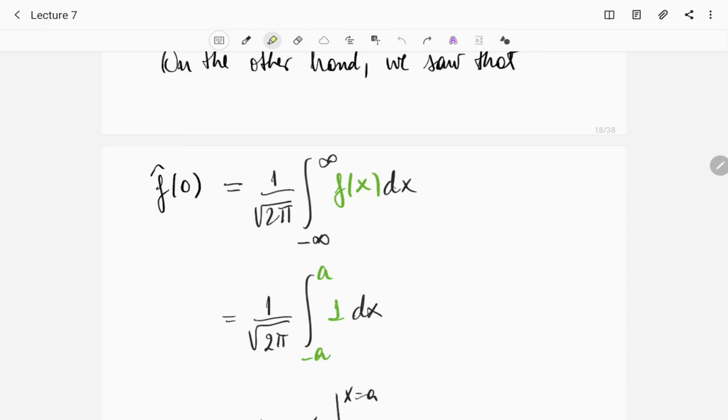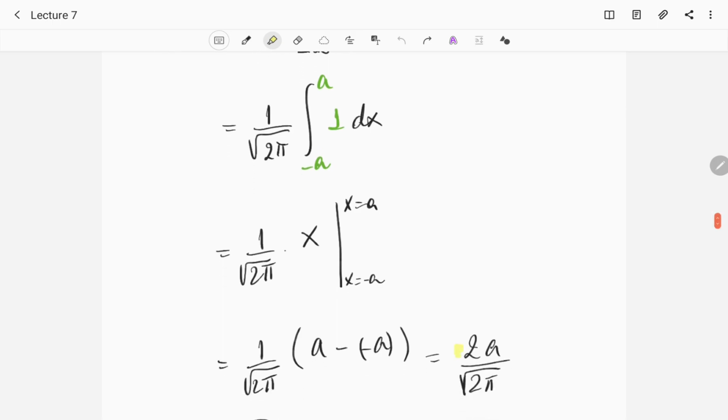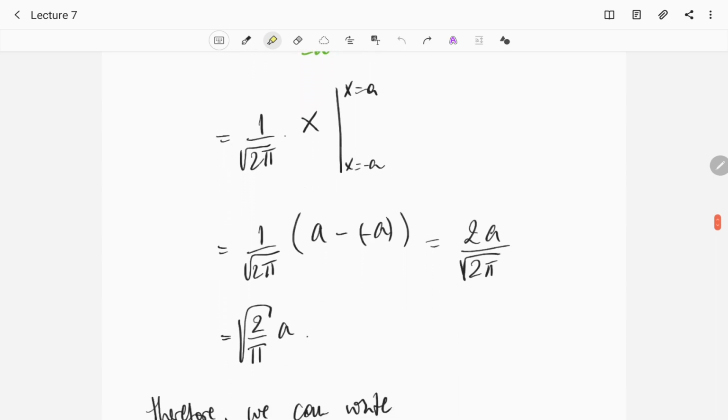And if we compute this, replacing the f for our actual function f, which is again this, minus infinity and infinity become minus a and a, and the function takes the value 1 there. So this integral is 2 times a, well, here is the computation, but the result is 2 times a, and we have this factor in the front, and again we recover this value.